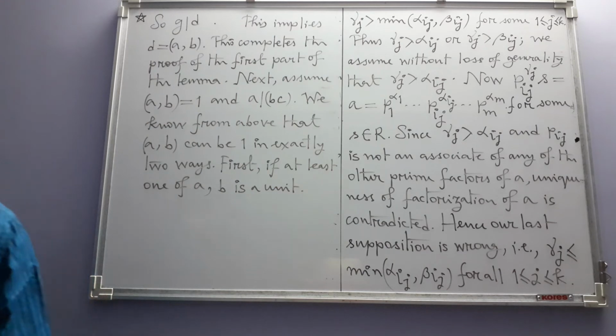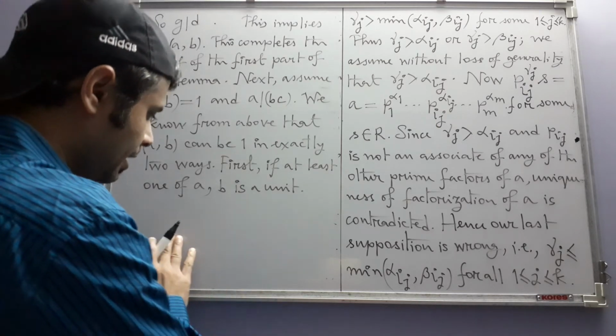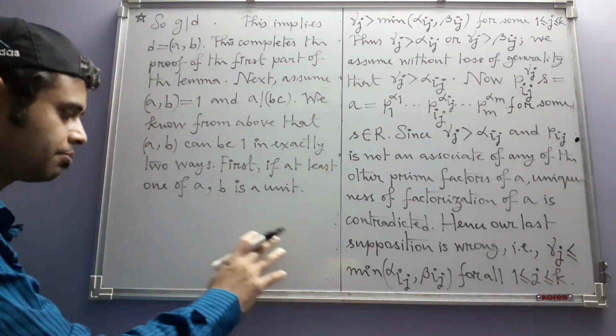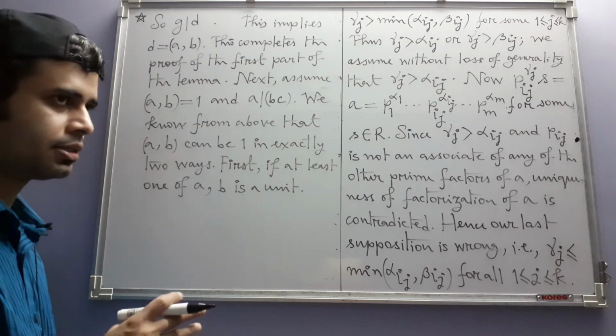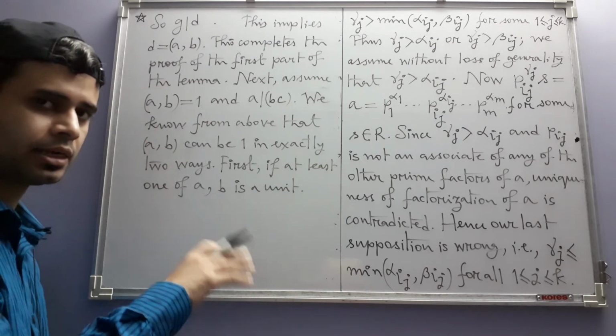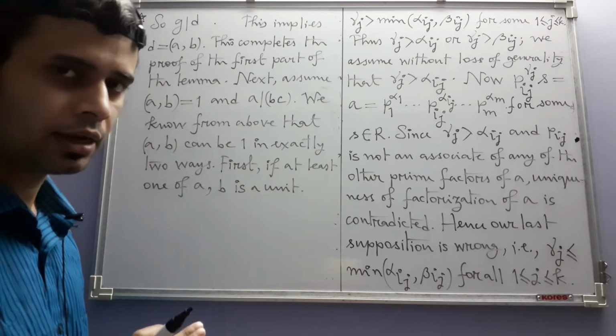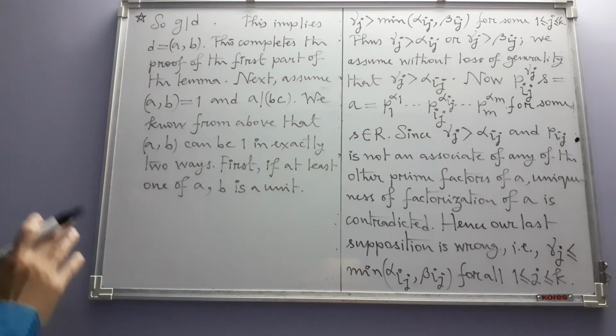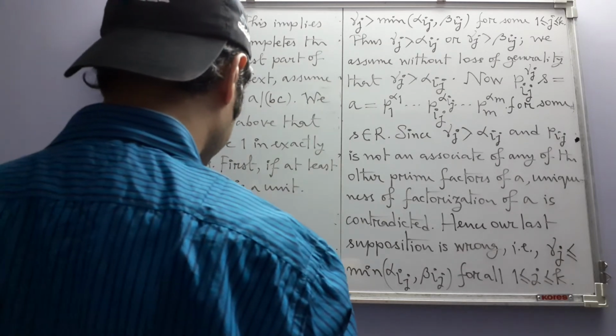And the other case is that none of them is a unit, but they have prime factorizations where no prime in one factorization is an associate of any prime in the other factorization. So let's first tackle this case.